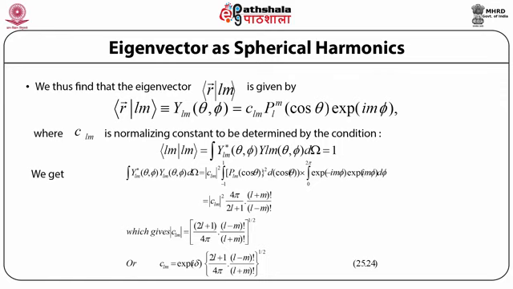And using all these equations, we finally get the value of the normalization constant CLM as modulus of CLM equal to, within brackets, 2l plus 1 by 4 pi times L minus m factorial upon L plus m factorial, whole to the power half, or CLM is equal to exponential to the power iota times delta times the square root of 2l plus 1 by 4 pi times L minus m factorial upon L plus m factorial.